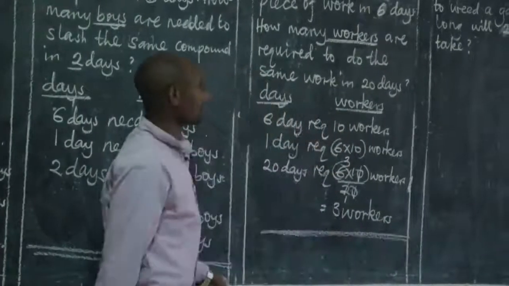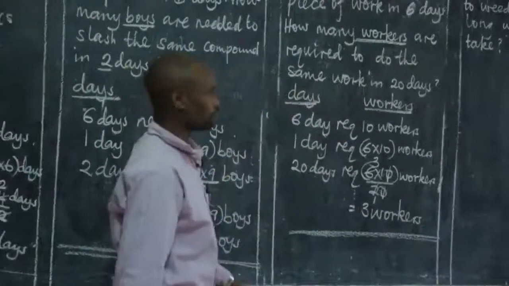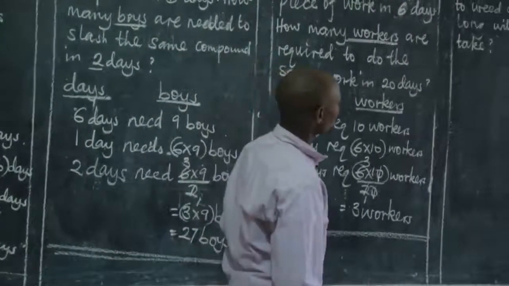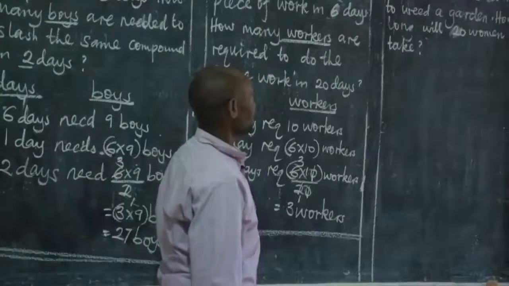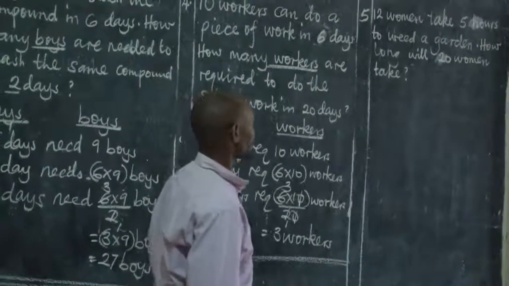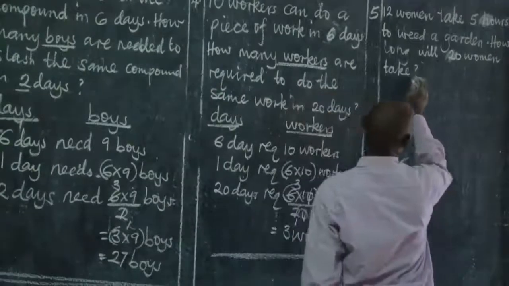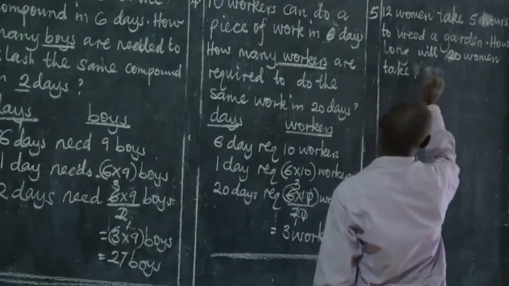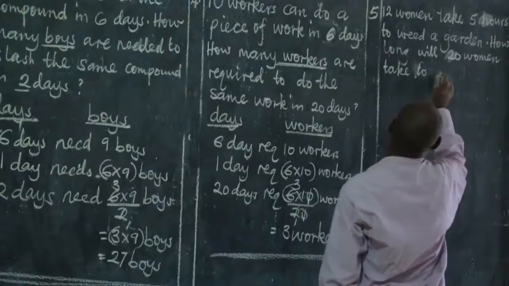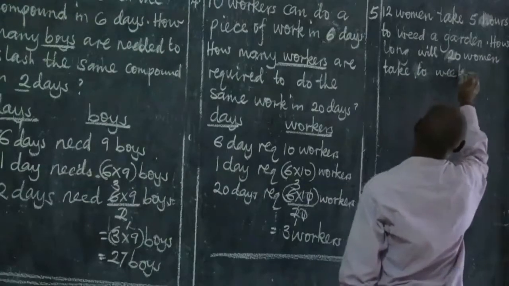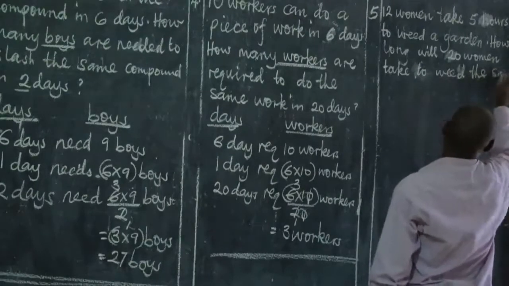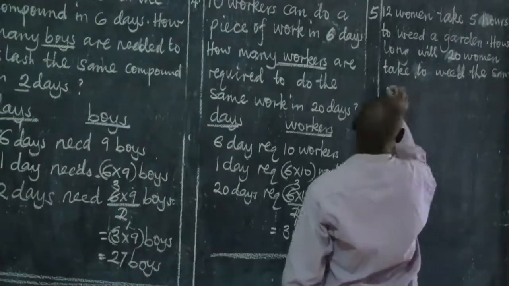And lastly, 12 women take 5 hours to weed a garden. How long will 20 women take to weed the same garden?